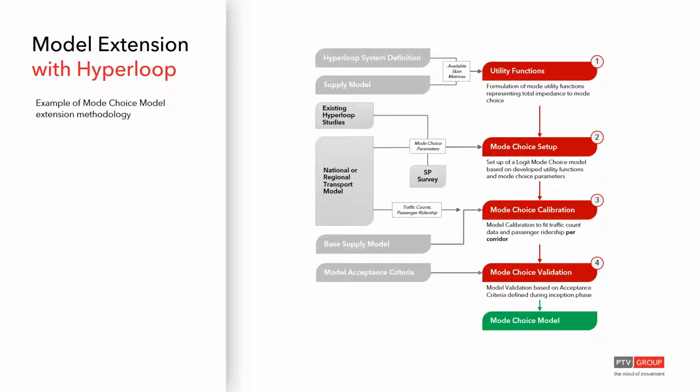Hyperloop will require access and egress modes as well, not due to the same issue of very dense urban environments, but due to the fact that this is an intercity mode, which typically has a limited number of stops within the urban environment, and the final destination may be quite far away from the potential location of the Hyperloop hub.